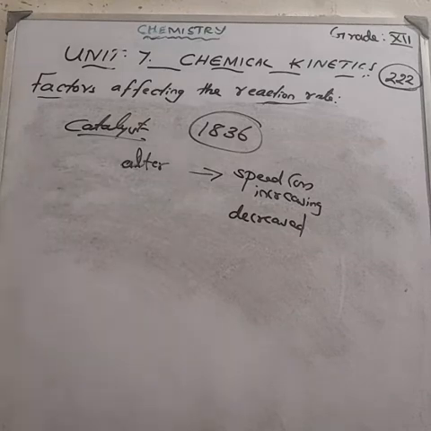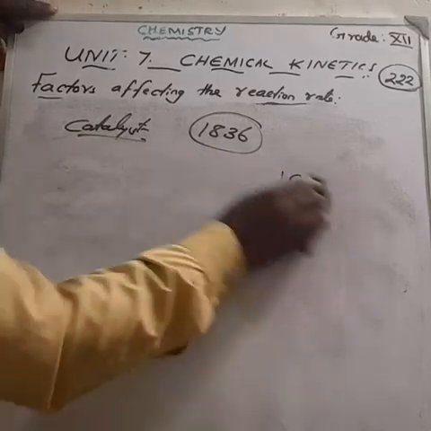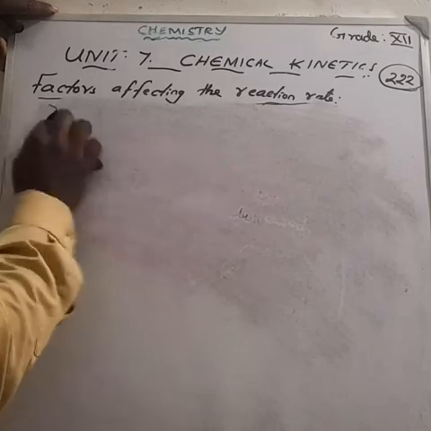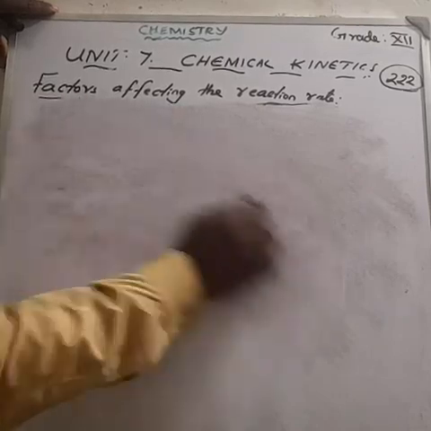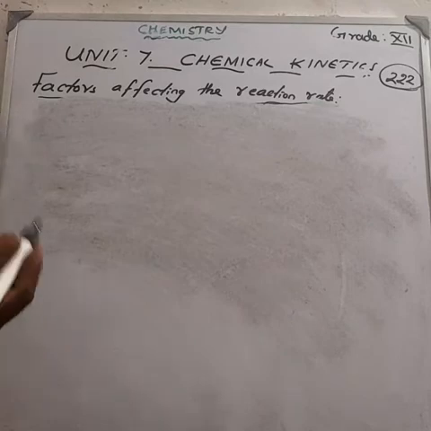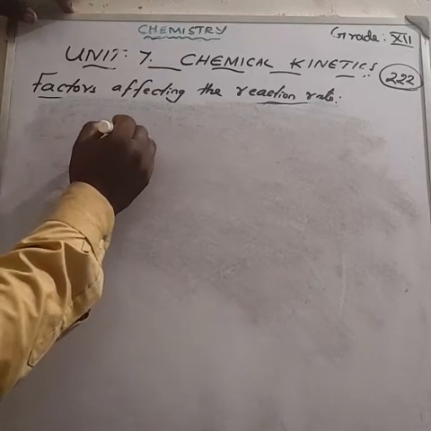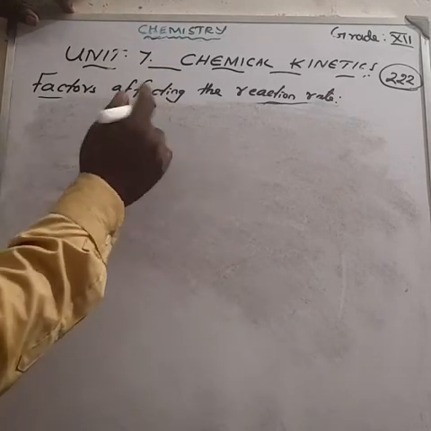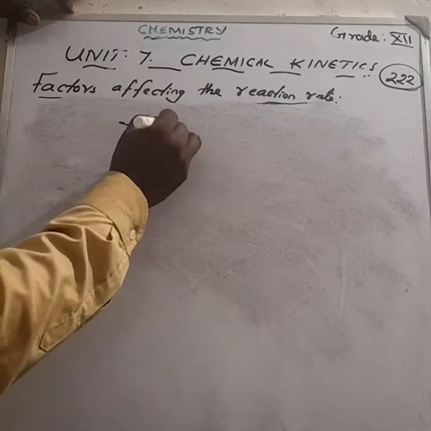Okay, next, homogeneous catalysis and heterogeneous catalysis. Homo means same. That means the reactant, the product, and the catalyst are in the same phase. For example, the reactant, product, and also the catalyst are all in the same phase, that we call homogeneous.